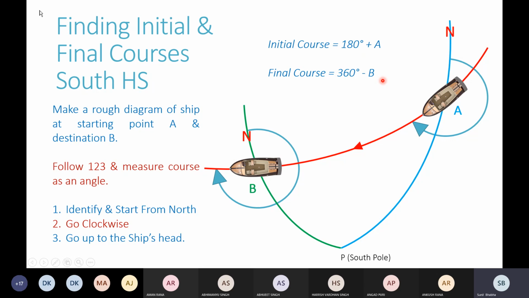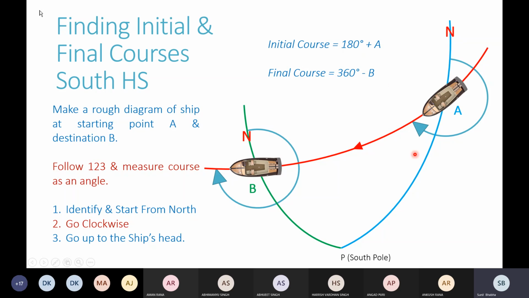You first calculate the courses in the 3-figure notation and then convert it into quadrantal notation. We are very familiar with the process of converting true to quadrantal or quadrantal to true. So that's hardly half a minute job for us. So first you calculate the courses using 3-figure notation using this 1, 2, 3 method. And once 3-figure notation courses are obtained, they can be converted to quadrantal if required by the paper setter.